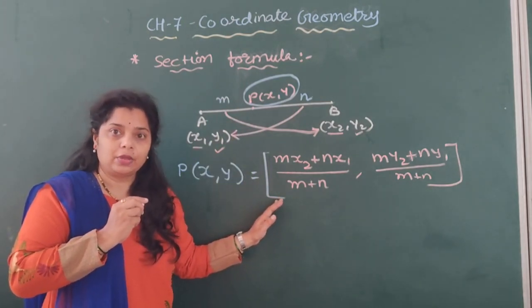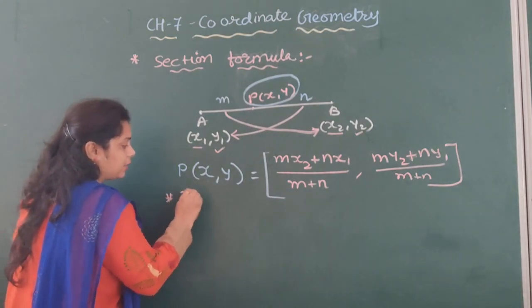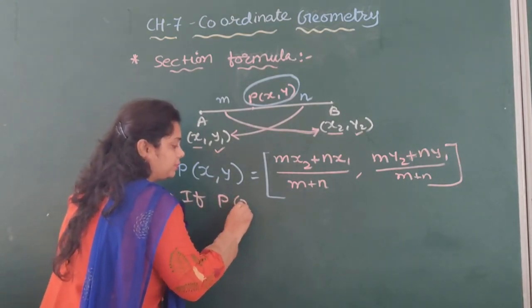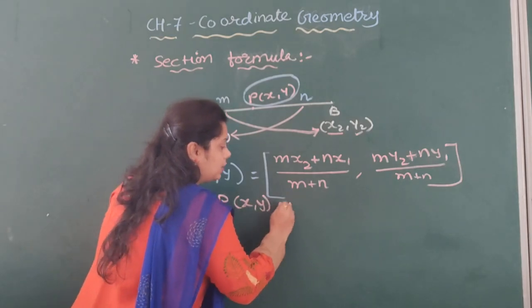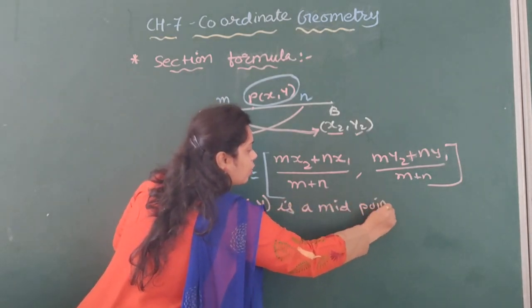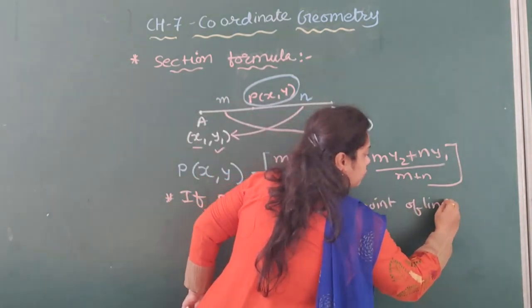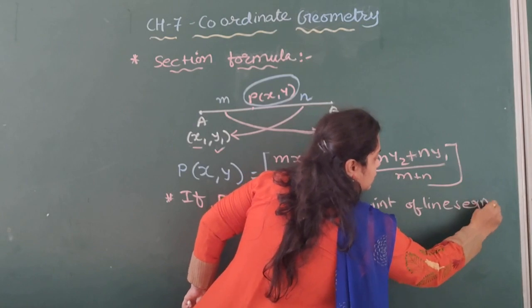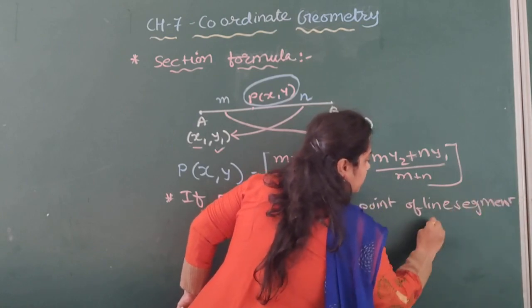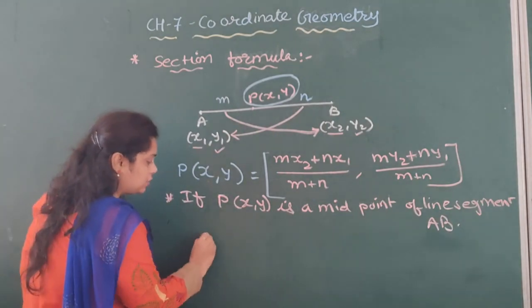Is it clear? Okay. Now, if P(x, y) is a midpoint of line segment AB, okay, then what is the formula?